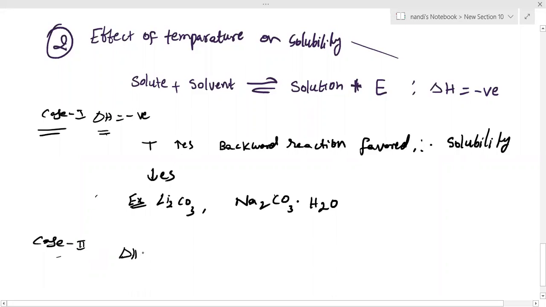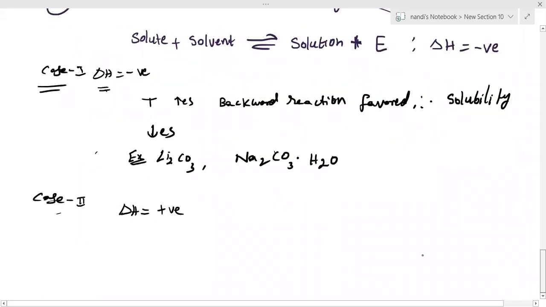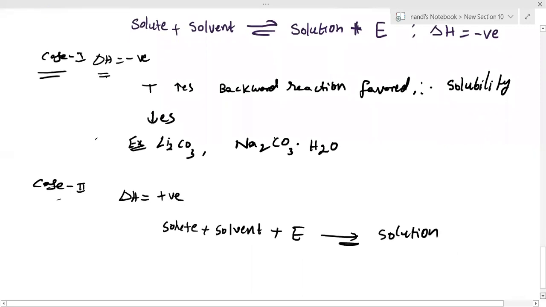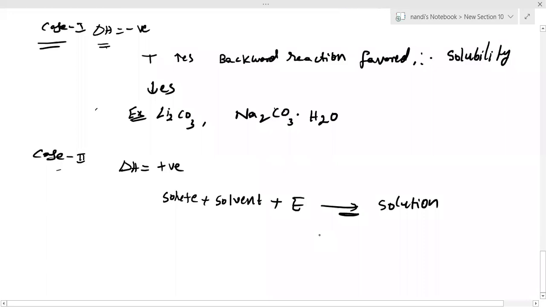Delta H equal to positive, endothermic. So solute plus solvent, energy absorbing, so energy is taken in. We will get a solution here. So in this case, temperature increases according to Le Chatelier's principle.